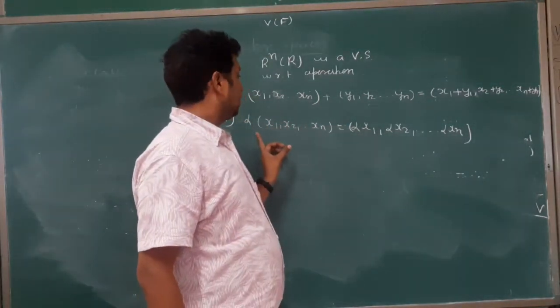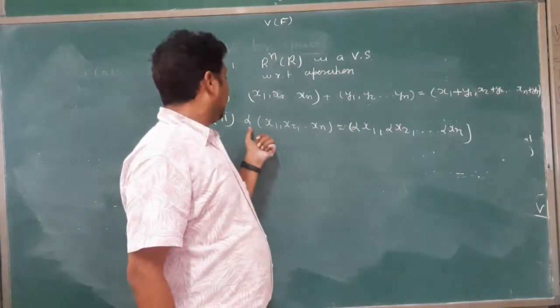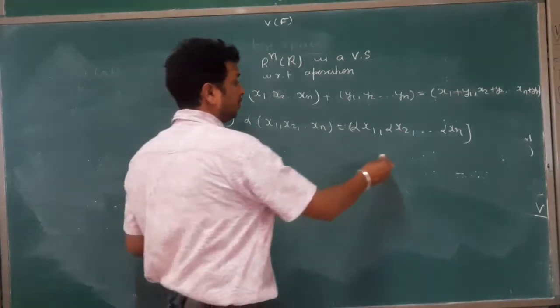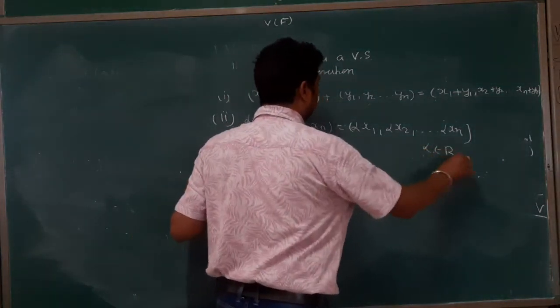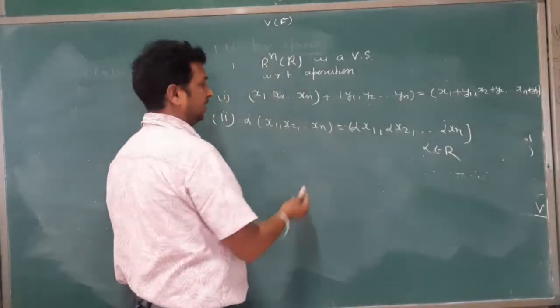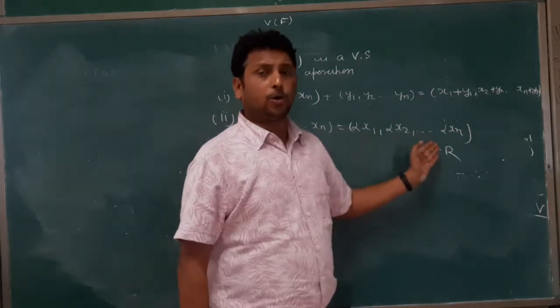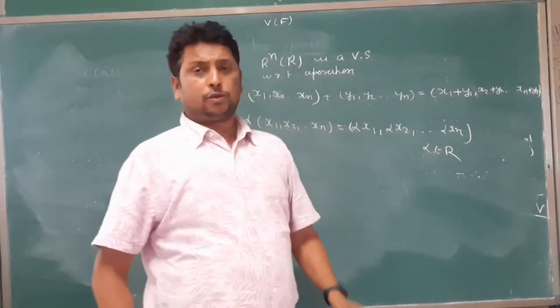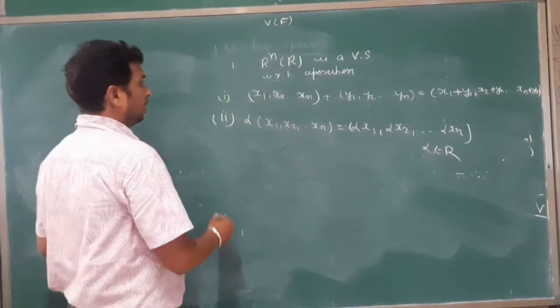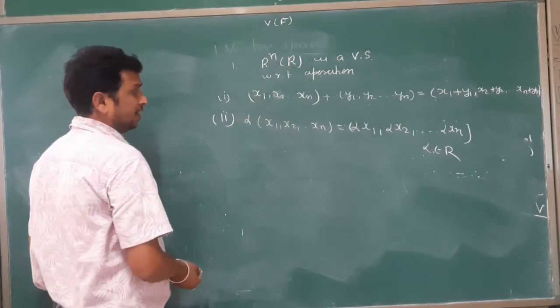This is scalar multiplication. Alpha comes from R and (x1, x2, ..., xn) is a vector. When a scalar is multiplied with a vector, how do you do it? It multiplies with all coordinates. So these types of operations are there, and now it forms a vector space.